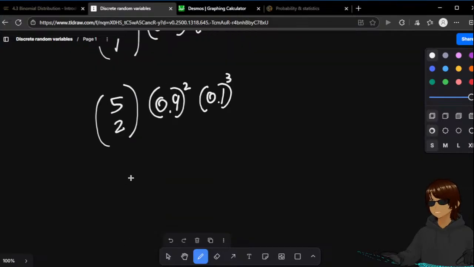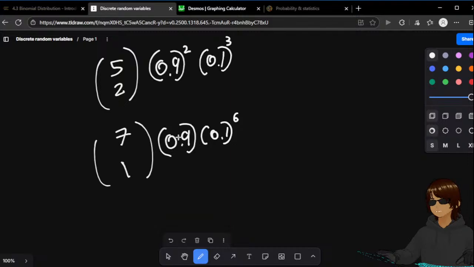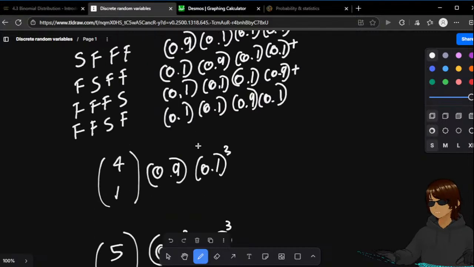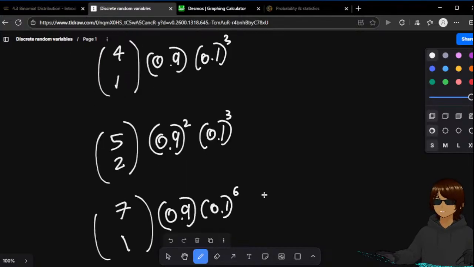So what's the probability of 7 throws and let's say 1 success? So success, and then the rest 6 of the time fails, and then we have to multiply by 7 choose 1 because there are 7 choose 1 different ways of it happening. That is the binomial distribution.